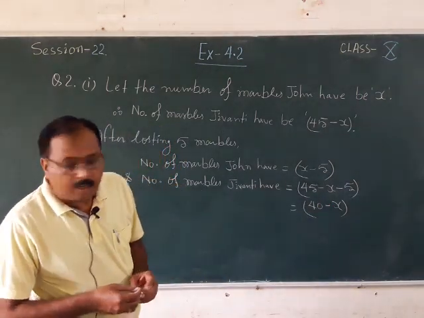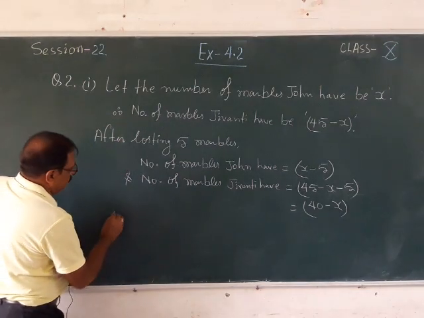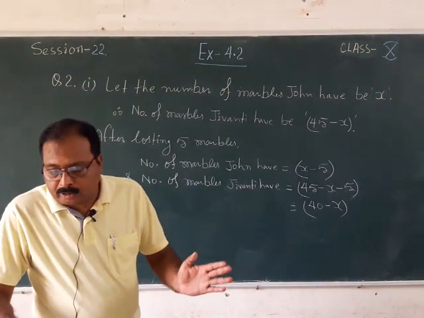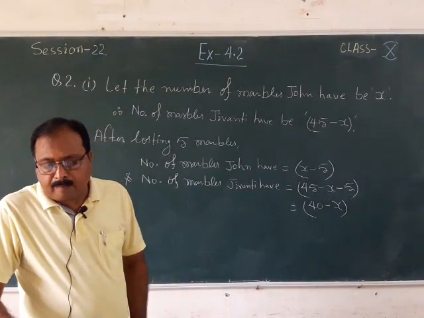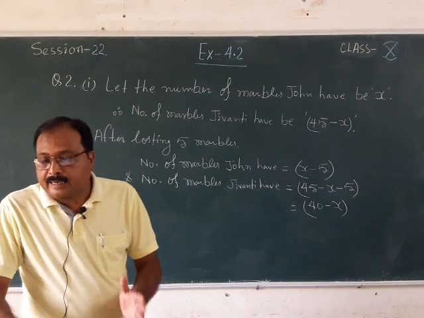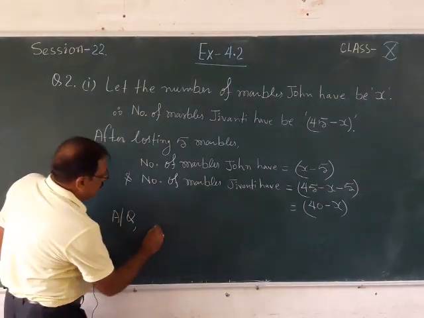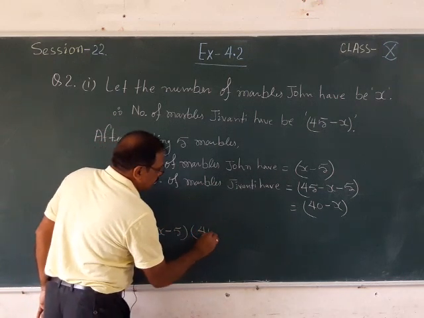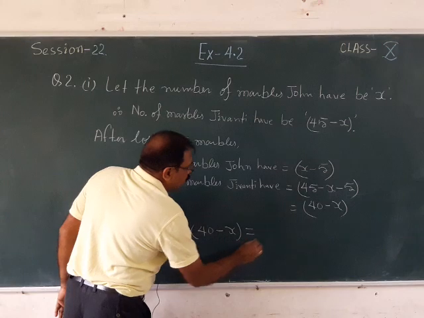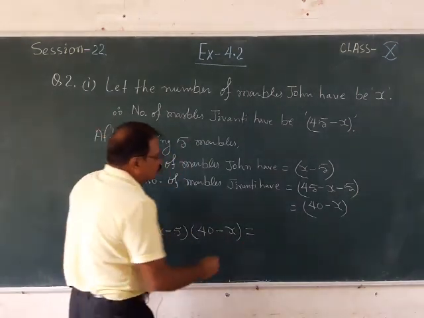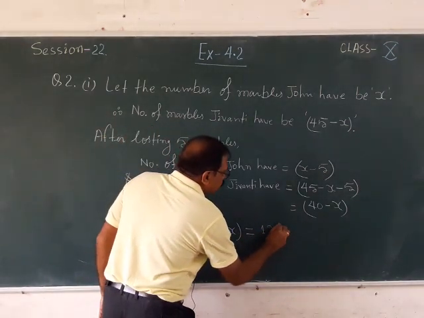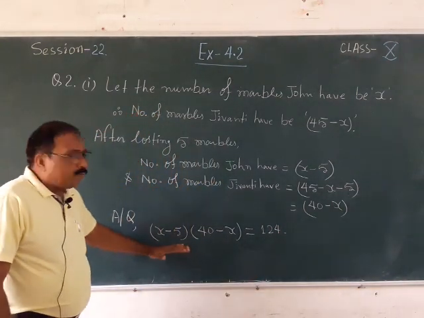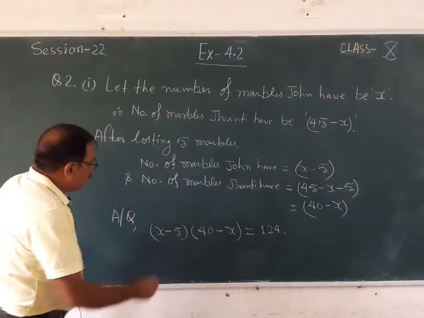Now according to the question, the product of the number of marbles they have now is 124. That means x minus 5 into 40 minus x is equal to 124. Now we can frame the equation by solving this.